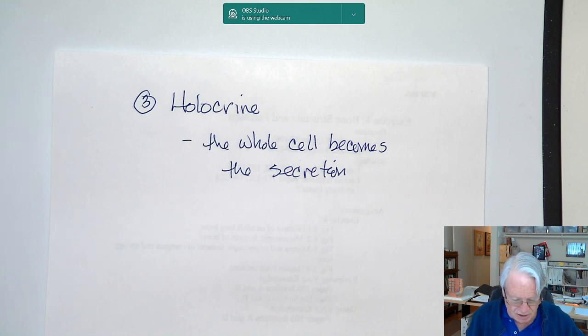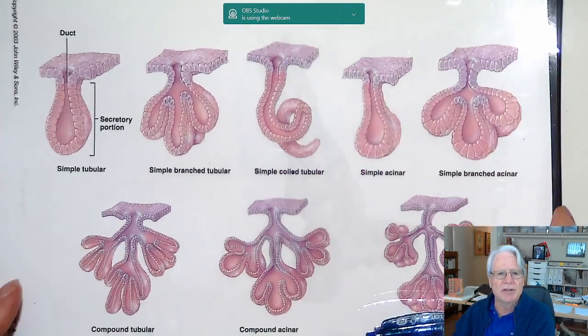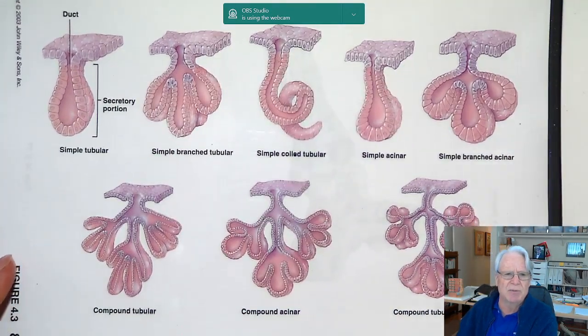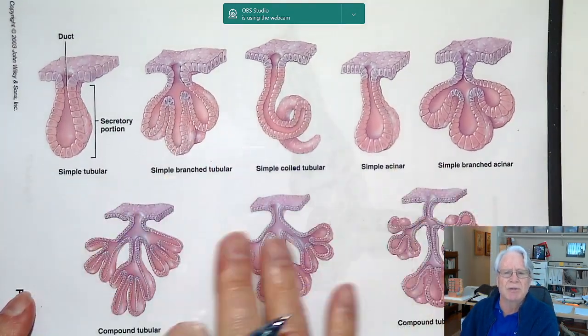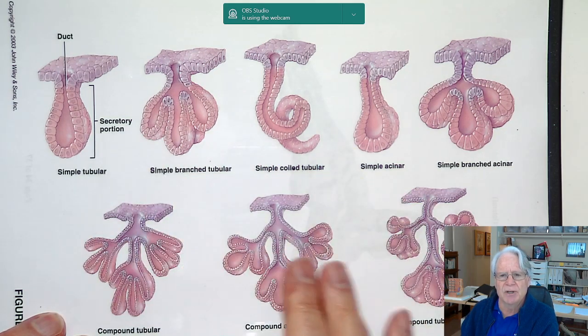First, we're looking at the structural classification. I'm going to tell you something about this. So this is all the different ways that structural classifications can be broken down. All of these are examples of different structural classifications for glands.